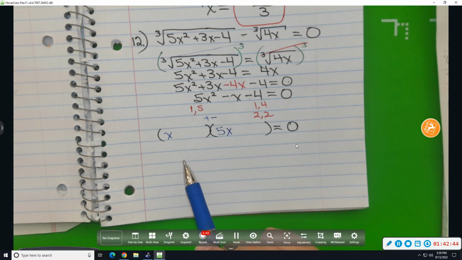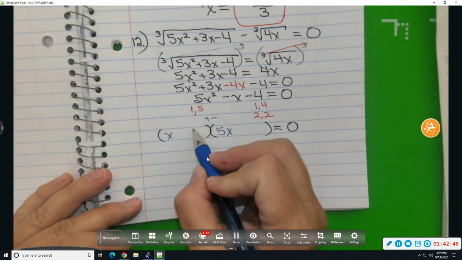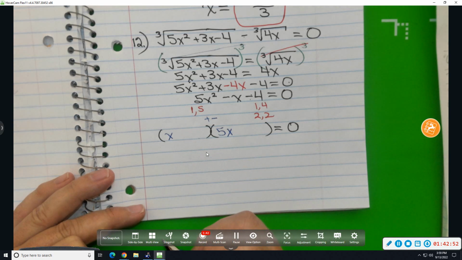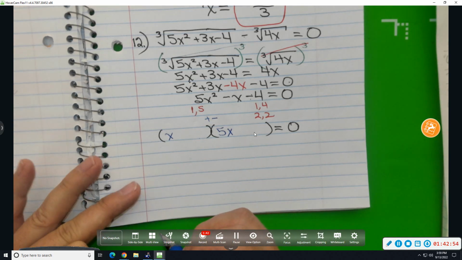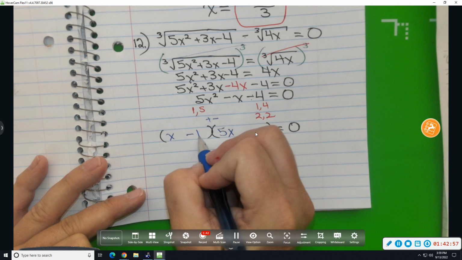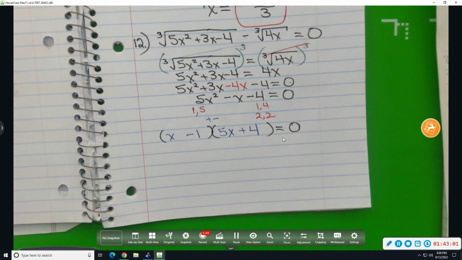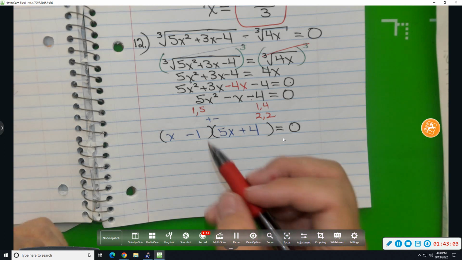So we're playing it out in our head. Here's another question. Am I going to put the 4 here or the 1 here? The minus 1 there and on the other side positive 4. Let's check and see. We're going to check inner and outer.